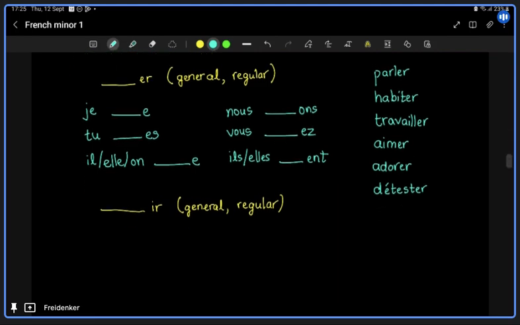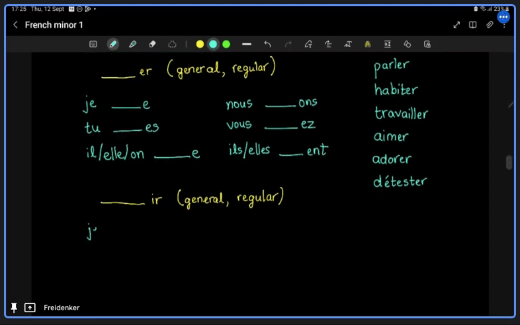So ir ending verbs, conjugation. Je, you'll get an s. Tu, you'll get an s. Il, elle, on, you will get a t. Nous will get issons.